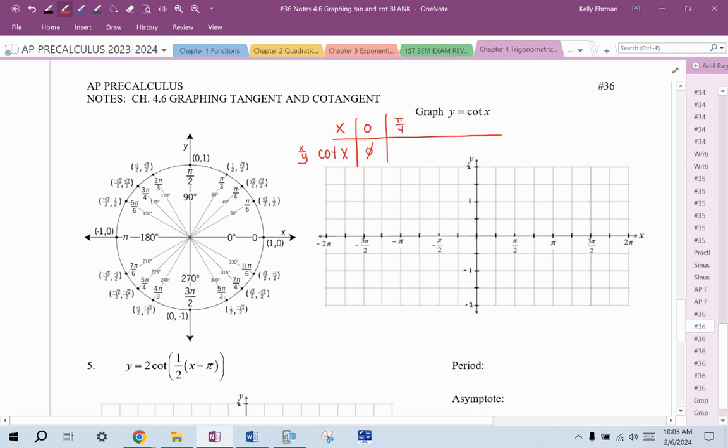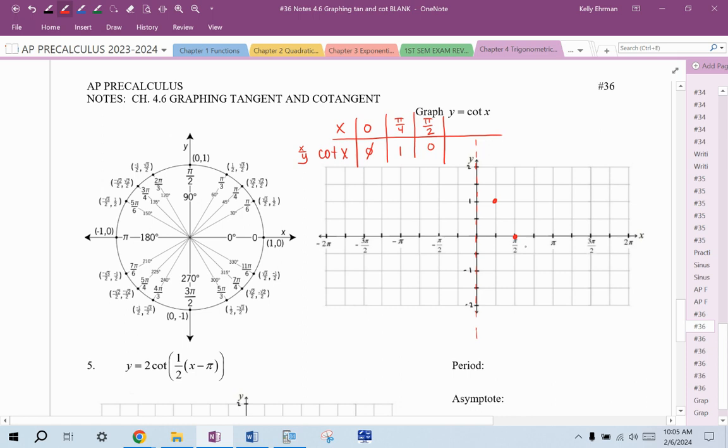Pick pi over 4 because cotangent of pi over 4 is also 1. Hop up to pi over 2. X over y is 0 in that case. So let's plot what we have so far. We have undefined right there on the y-axis. At pi over 4, the graph hits 1. At pi over 2, the graph hits 0.